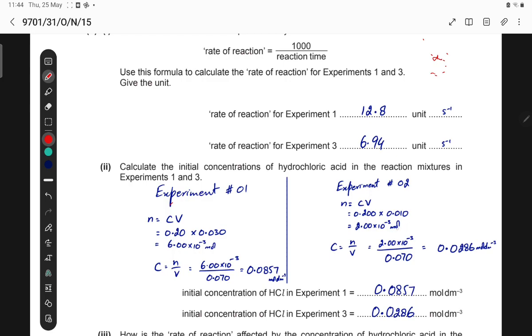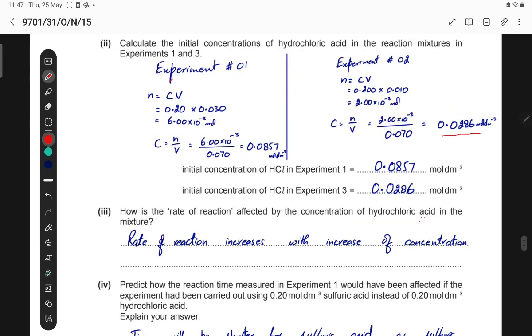And over here, in the other experiment, 10 cm cube is converted into dm cube, that is equal to 0.010 dm cube. So the concentration of this is 0.0857 mole per dm cube, and this is 0.0286 mole per dm cube.